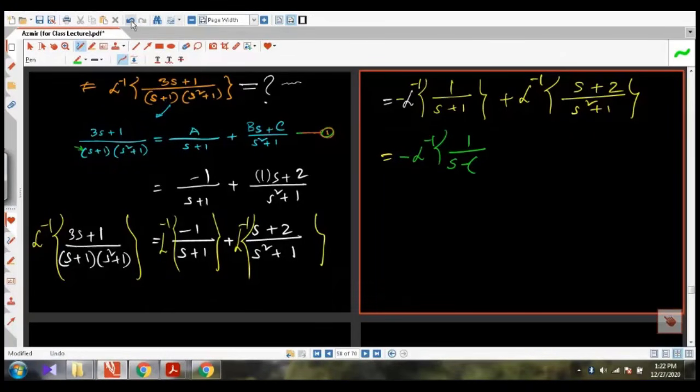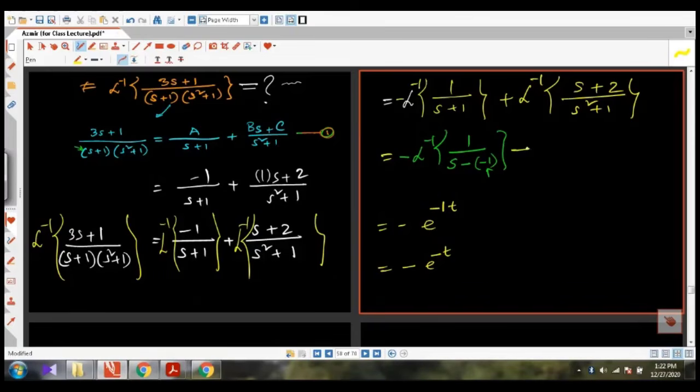So just to keep the same format, it will be -1. So what is the value of a now? A is -1, right? So it will be negative e power a t. That means negative e power negative t. This is the solution for the first part. Is it clear? Yes, sir.